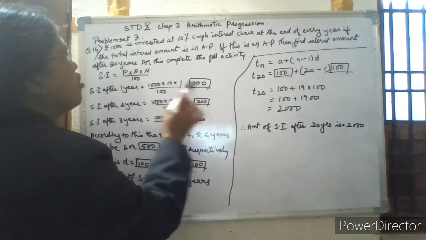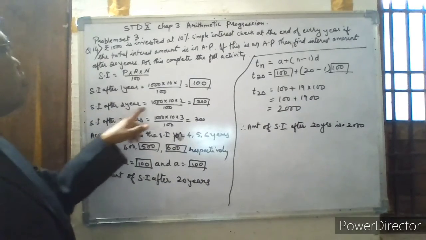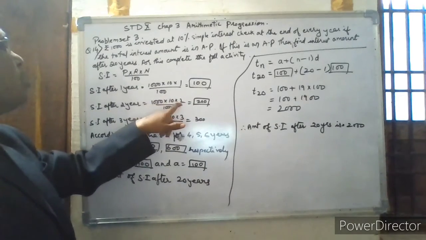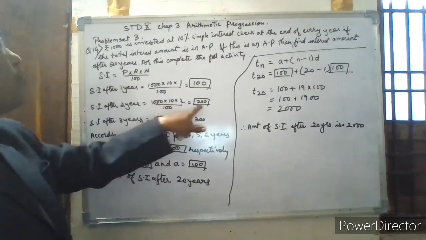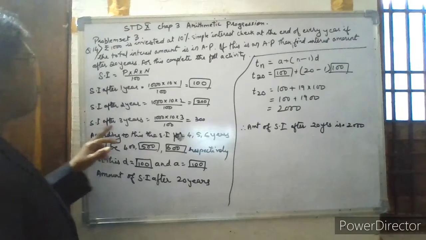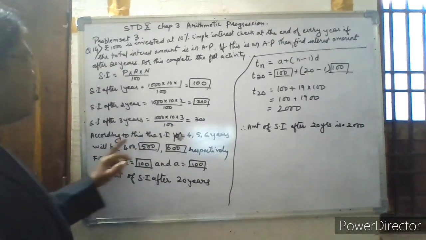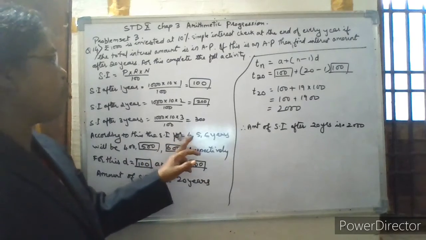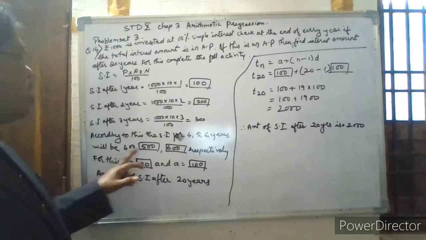In the same way, simple interest after 2 years, N is 2, we get 200. Simple interest after 3 years is already given as 300. Similarly, for 4, 5 and 6 years it will be 400, 500, 600 and so on respectively.